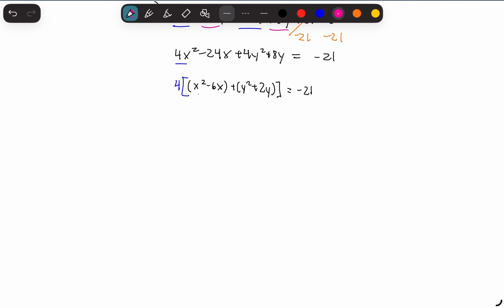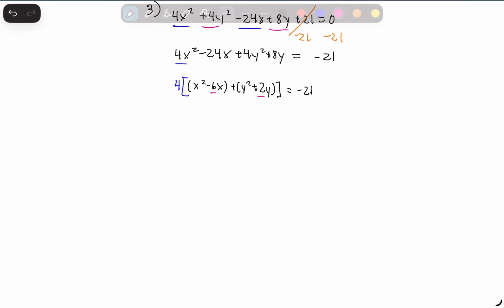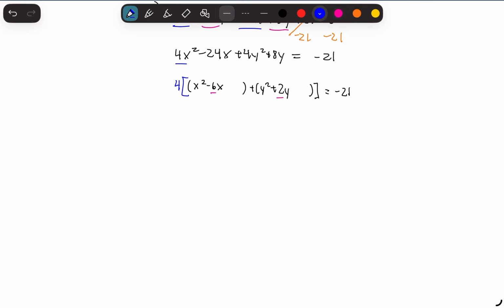So inside of our brackets, we have here -6 and we have 2. So let's make space for those.